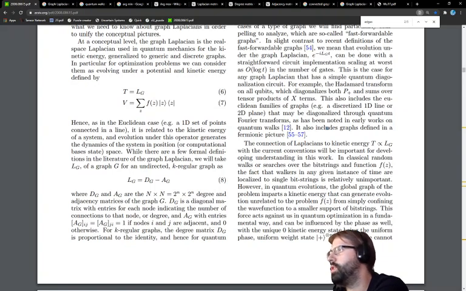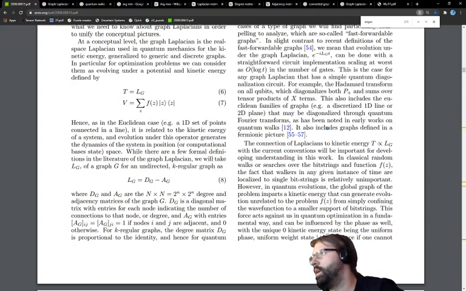This force acts against us in quantum optimization in a fundamental way and can be influenced by the phase as well, with the unique zero kinetic energy state being the uniform phase, uniform weight state.